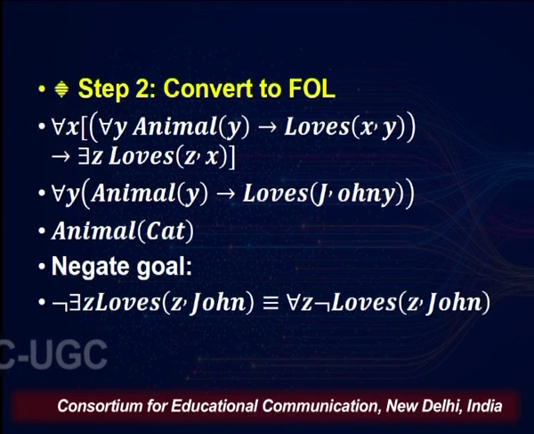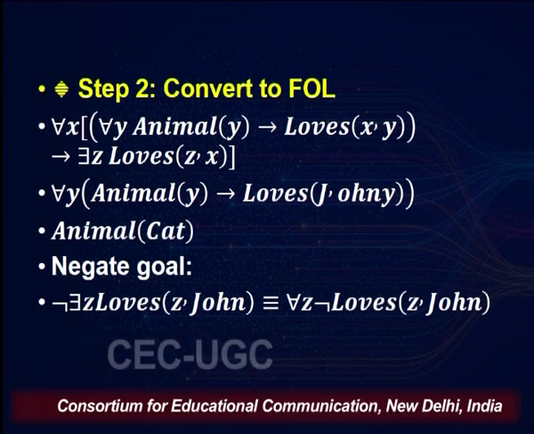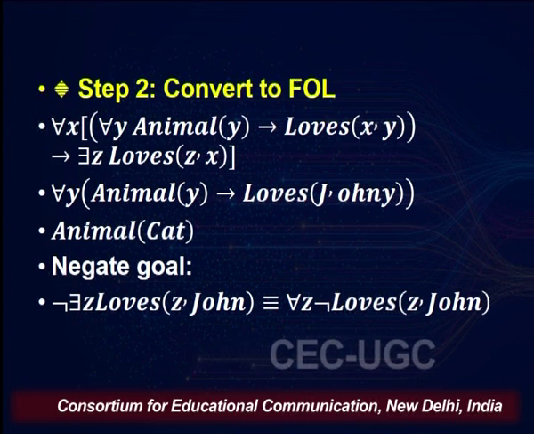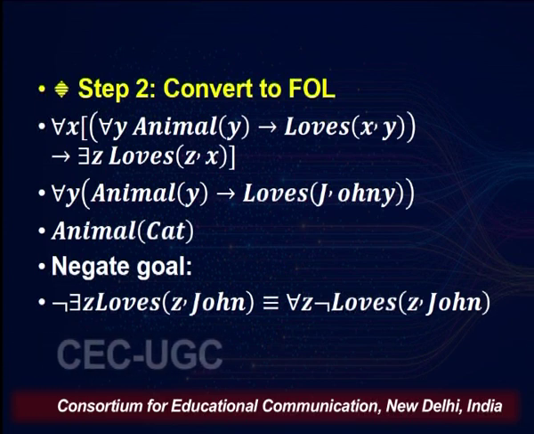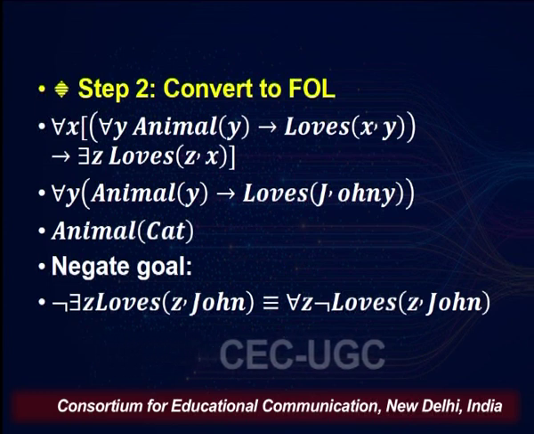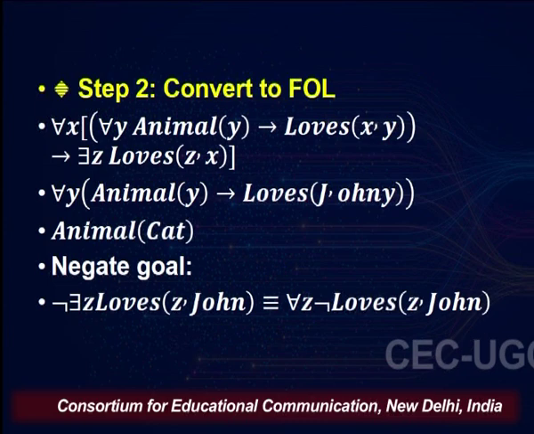When we take this negation inward, there exists is converted into for all and vice versa. So here we will say for all z, negation of loves z comma John. This is the negated form of the goal, which we need to include with all these clauses.